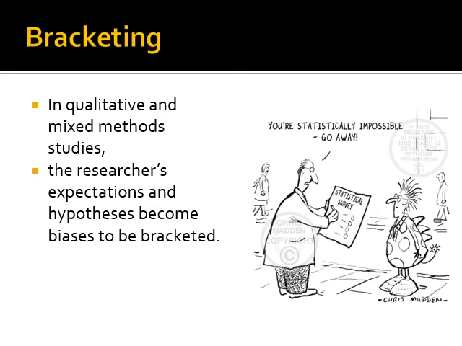Okay. So another really important part of qualitative research is bracketing. In qualitative and mixed method studies, the researcher's expectations and hypotheses become biases to be bracketed. In other words, hypotheses are not useful to qualitative research because they tend to get in the way of the data.